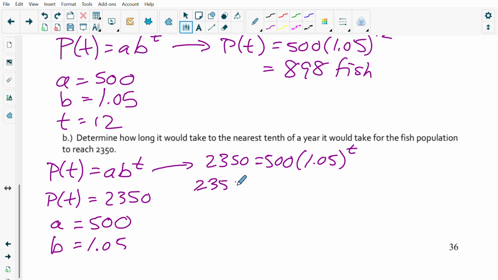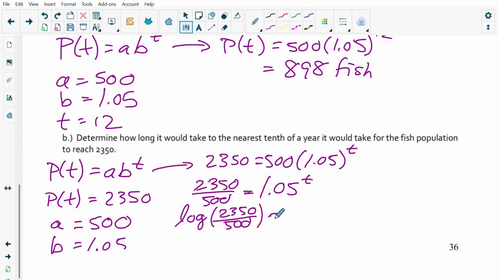Okay, if we rearrange this, we're going to need logarithms to solve it. Here we go. I'm going to take the common log of both sides. And then just to shorten this work, I'm going to bring that t down, times log of 1.05, using that power rule.